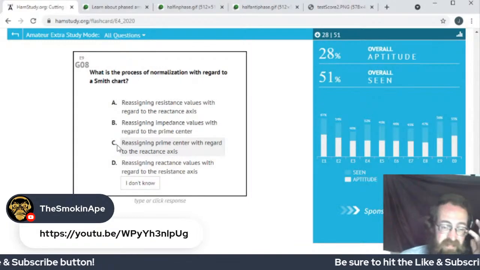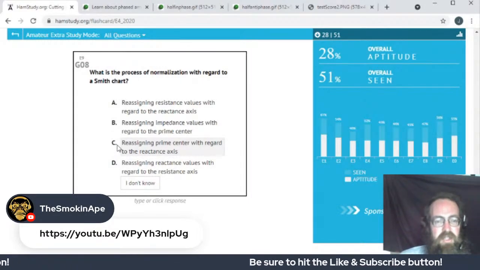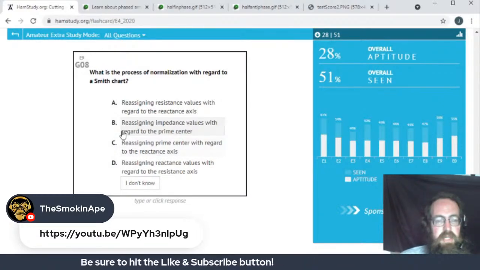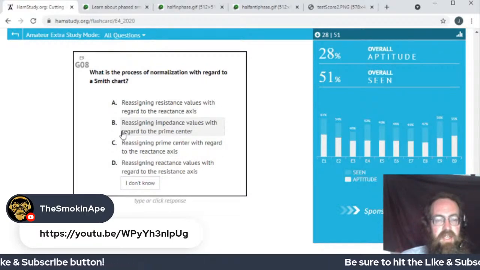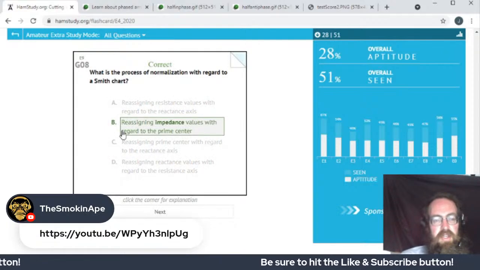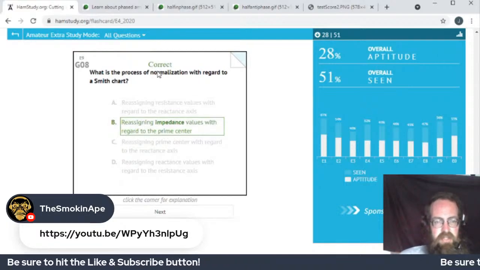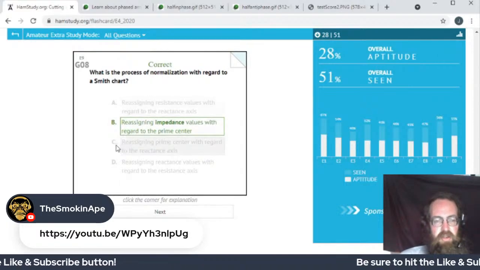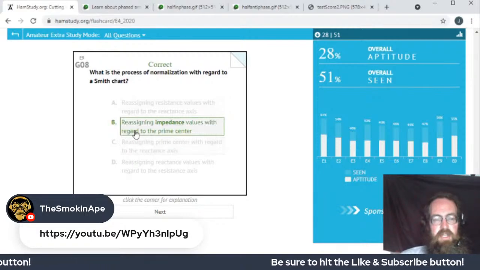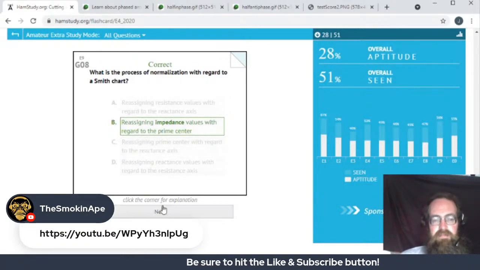So I believe it is B, reassigning the impedance values with regards to the prime center. It's the only one in normalization that is in regards to the prime center.